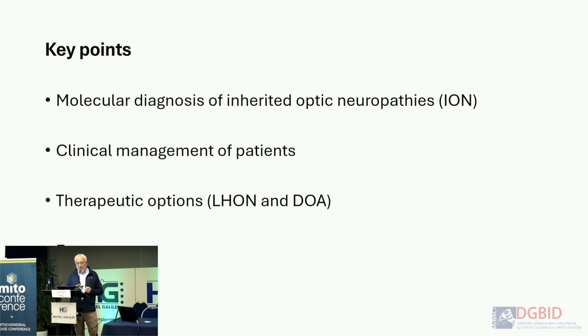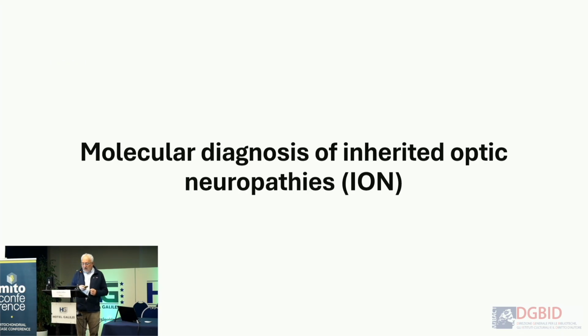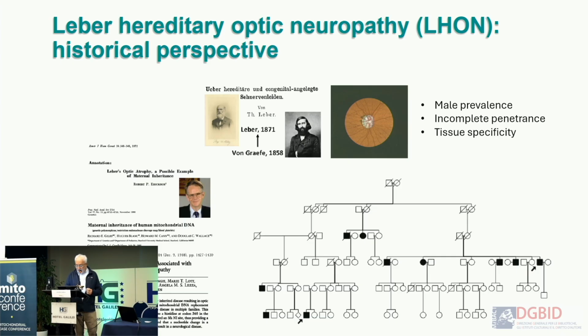And lucky enough, optic neuropathies is one of those parts of mitochondrial medicine where you start having some tools to cure the patients, so therapeutic options. And I'll try to give you a couple of slides for the future. Let's start with the molecular diagnosis.